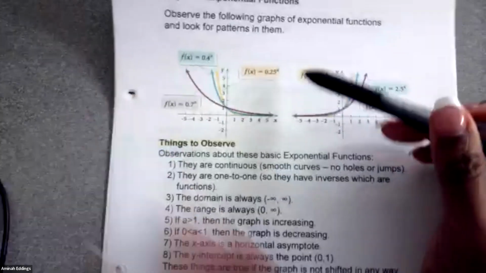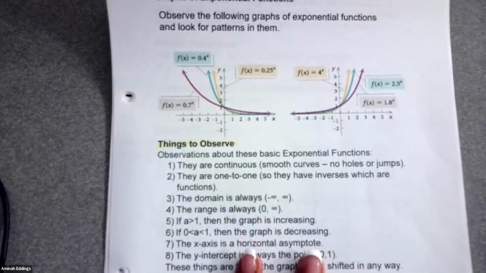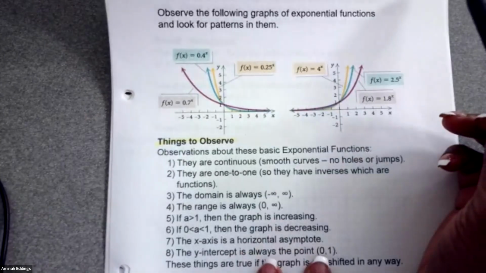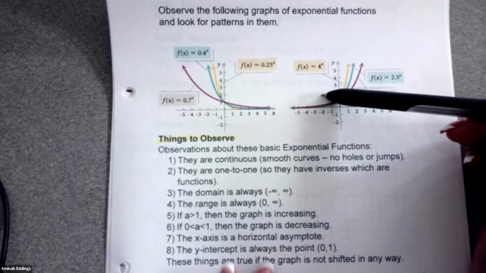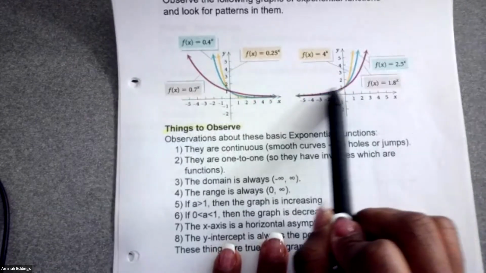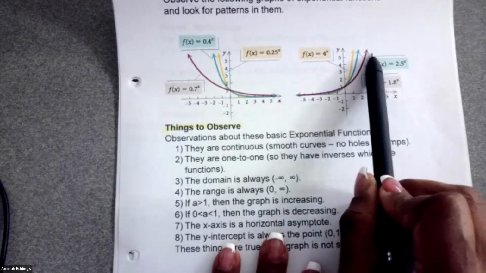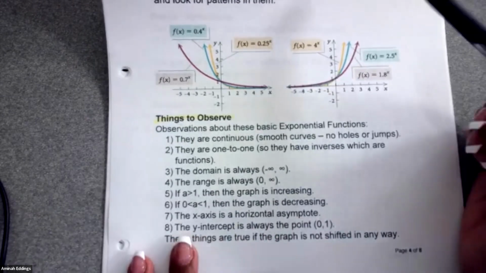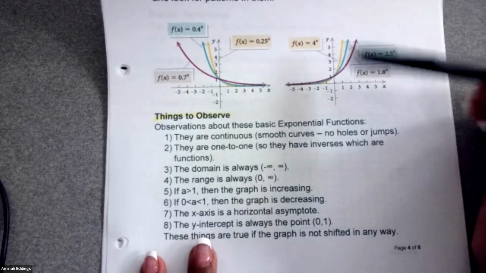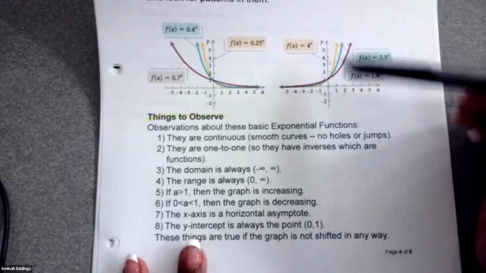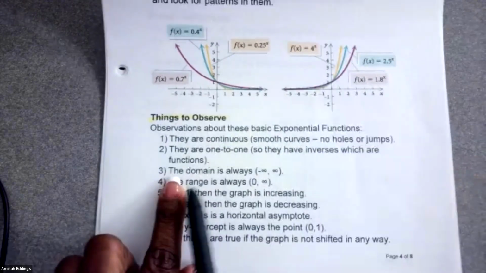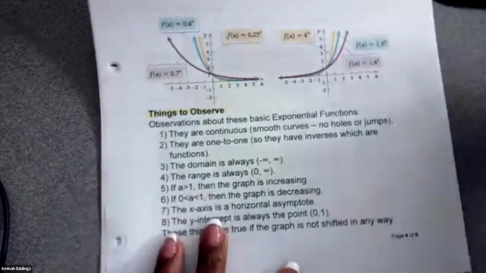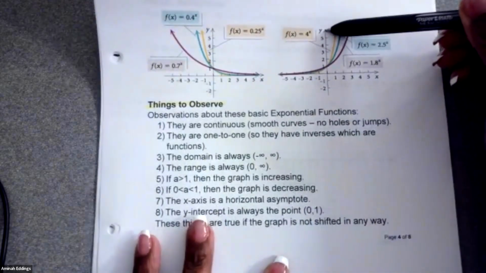Things I'd like for you to observe by looking at graphs of various exponential functions: they will always be continuous. Your domain will be negative infinity to positive infinity. Without there being any type of shifts or transformations, your range will be 0 to positive infinity.